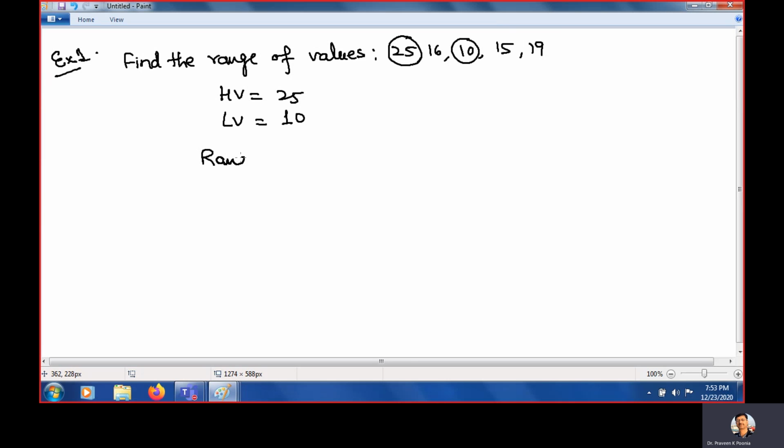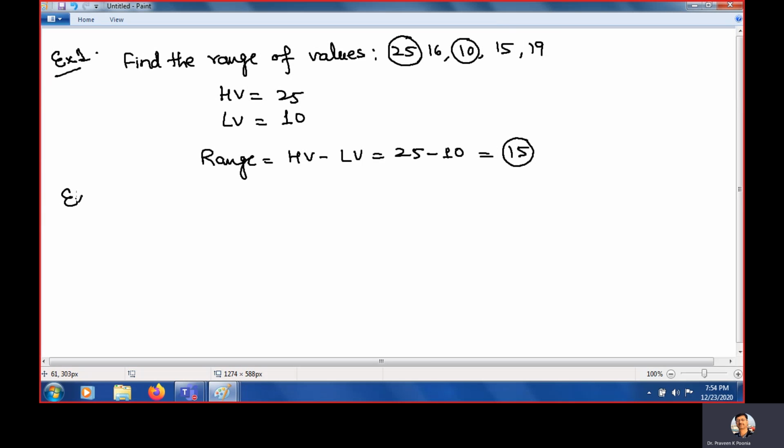So what is the range? Range is highest value minus lowest value, so 25 minus 10 is equal to 15. This is the range. So the values are spread over 15 numbers only, because the lowest is 10 and the highest is 25. The gap is 15.